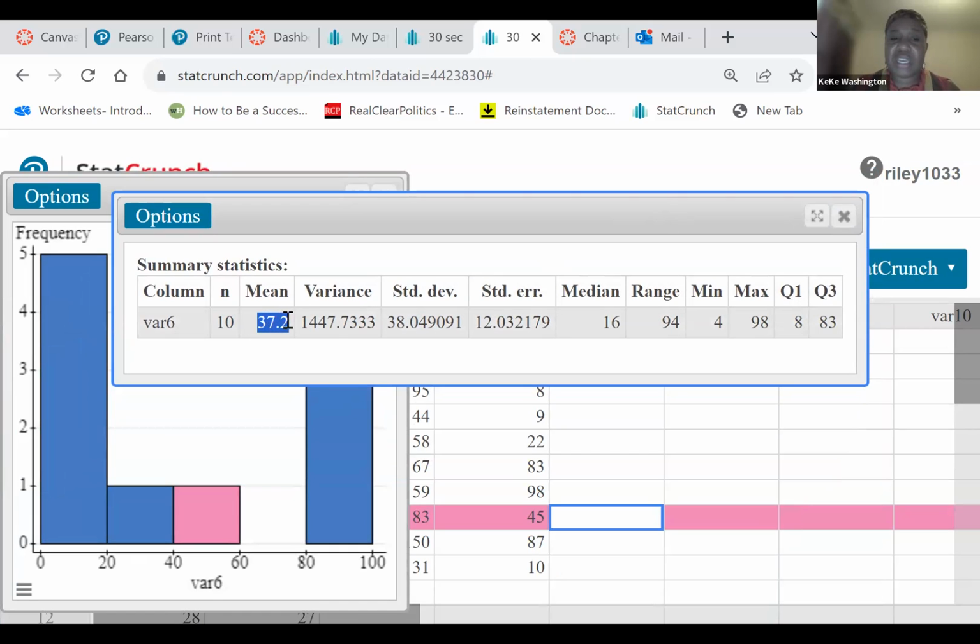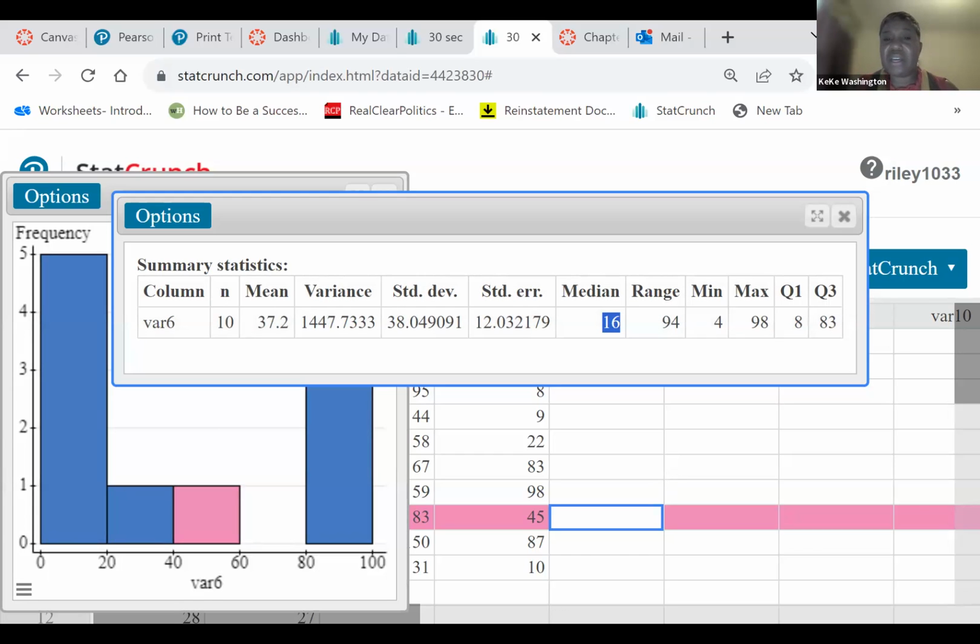So here's your mean. There's the standard deviation. There's your median. And then we have our 5-number summary, which is your minimum, your Q1, your median, then Q3, and then your maximum values.